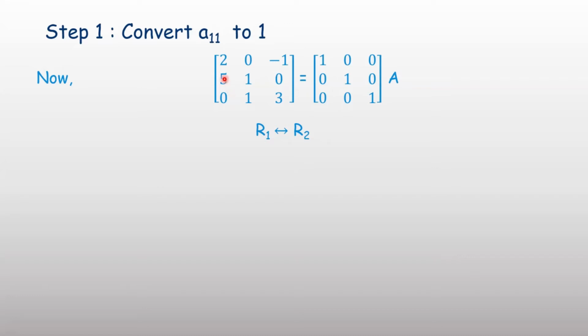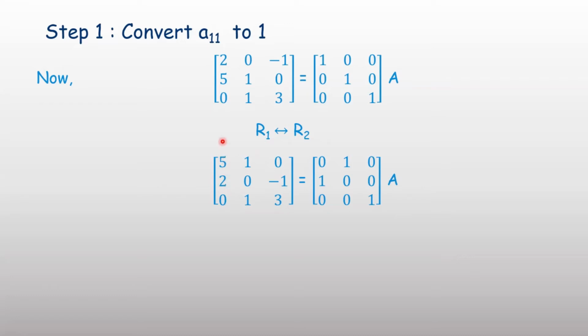Second option, if you interchange R1 and R2, what will you get? Interchanging R1 and R2 means in both matrices you have to change R1 and R2. In place of the first row, write down the second row, 5 1 0, and the first row written as the second row, 2 0 minus 1.